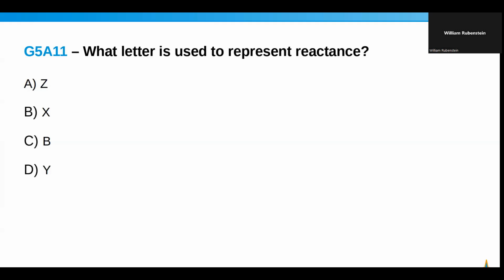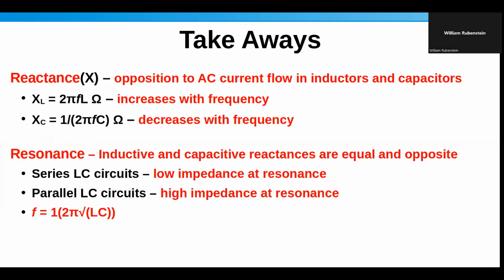Not impedance, so you can eliminate one of those, right? And we didn't talk about B, which I think might be susceptance or one of those weird ones. So we've got X and Y. I don't know what Y is. So what's that leave? My original answer, B, X.